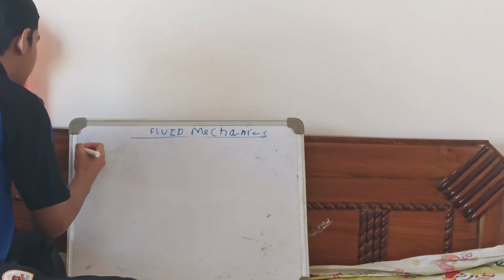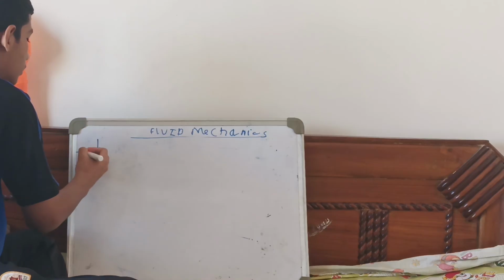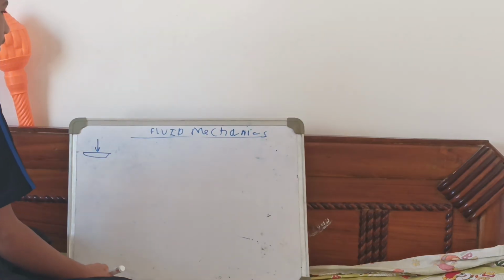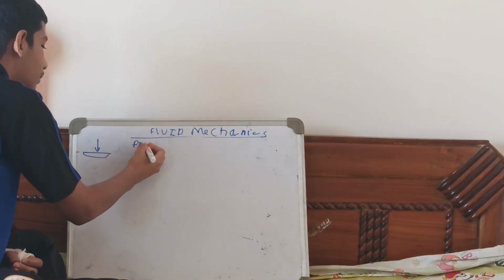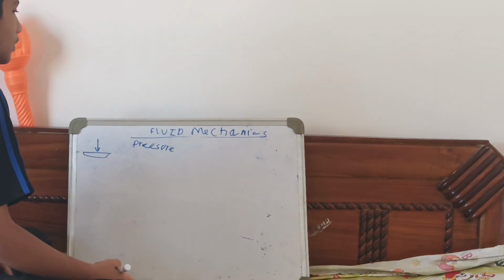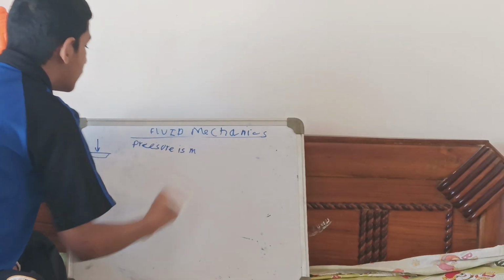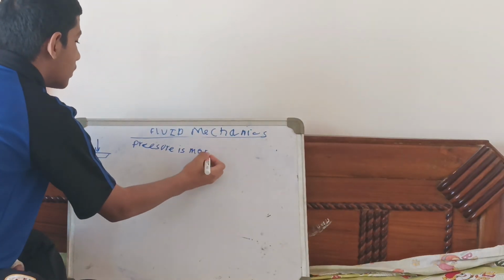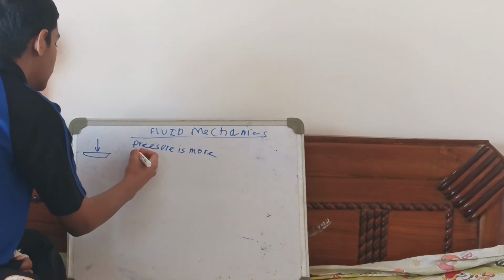What do you mean by pressure? Pressure is nothing but perpendicular force upon area. If pressure is more in a knife, we can cut vegetables easily.